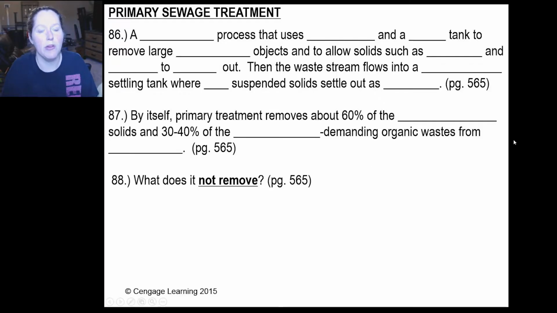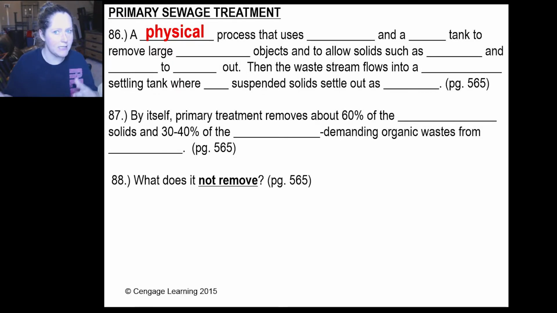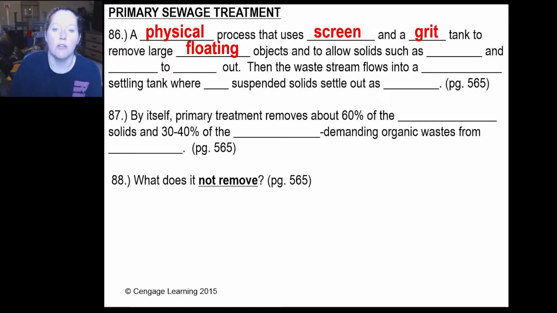All right, let's go on to the next one right here. For the primary sewage treatment, a little review. Remember that this is a physical process. And what do we use? Think about if you're making pasta, we use screens, right? And a grit tank to remove large floating objects, like a toy you flush down your toilet.